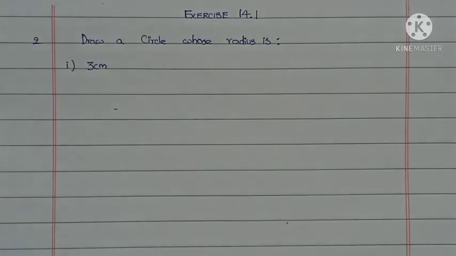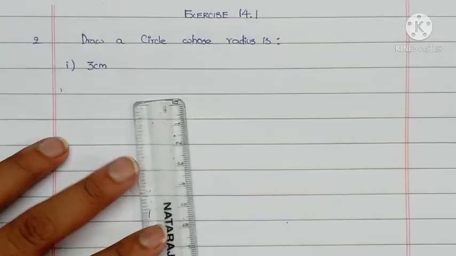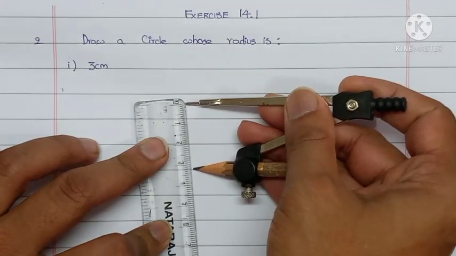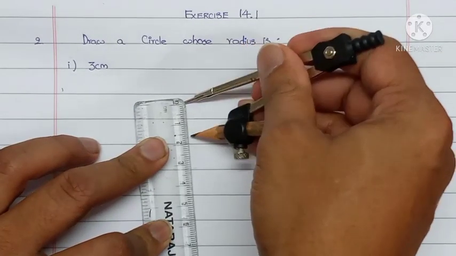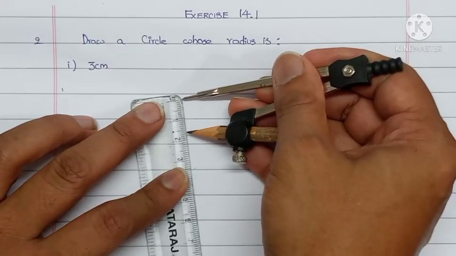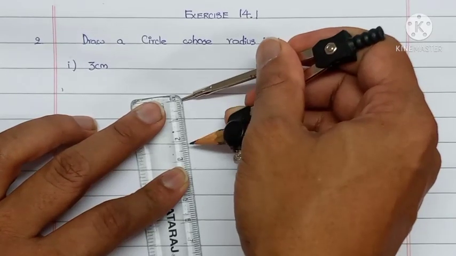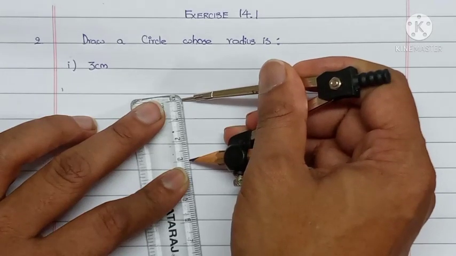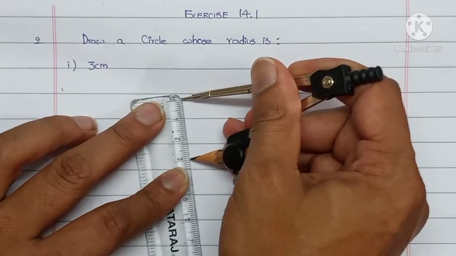Very simple, children. As we did for the construction, we have to measure from 0 to 3. Keep this sharp edge at 0 and move this pencil exactly by measuring 3 centimeters.